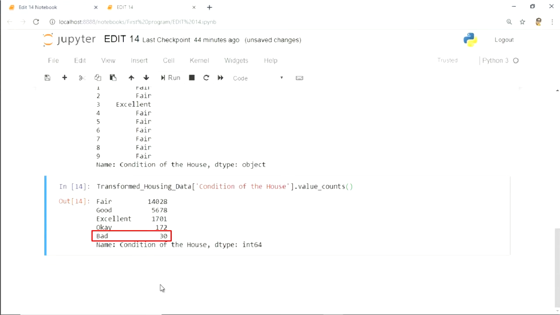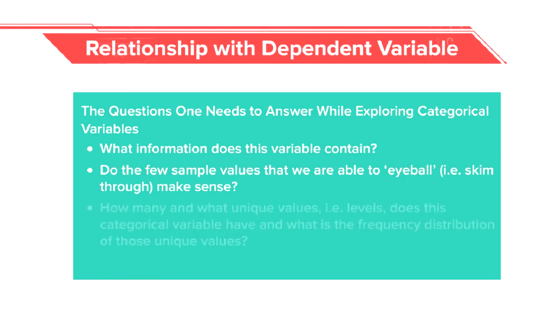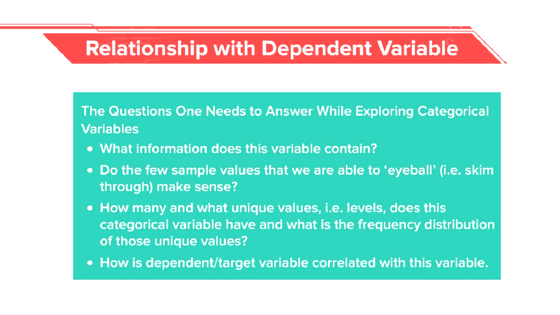being in bad condition. Next, we want to find out if there is any relationship between the categorical variable and target variable. That is, how does the target variable change with the change in values or levels of the categorical variable? We would first try to see this visually and then mathematically.